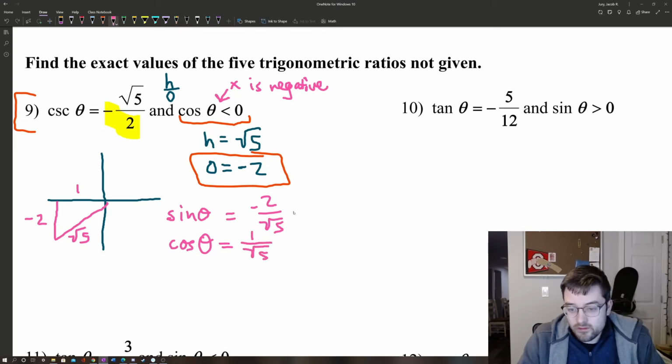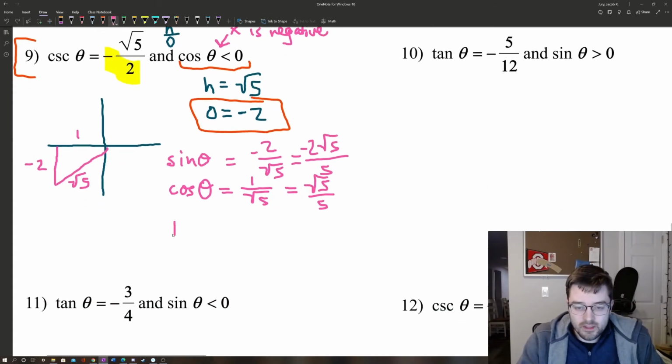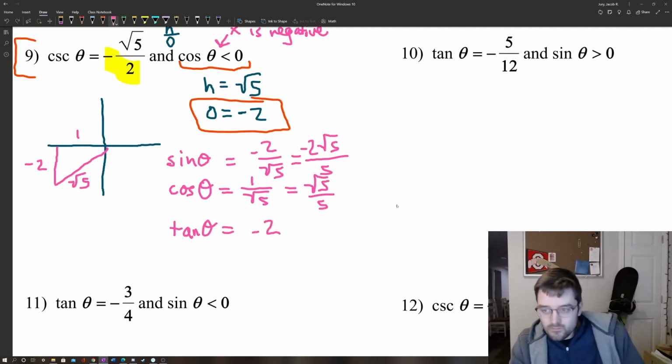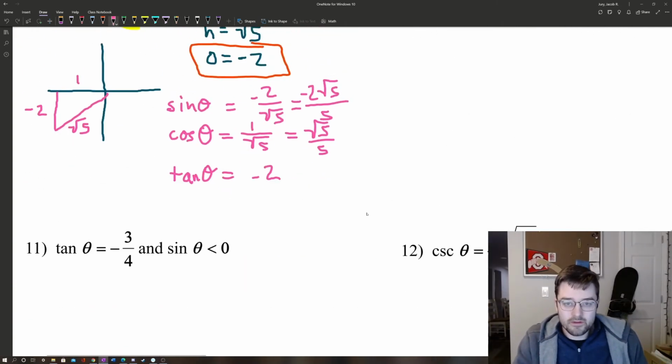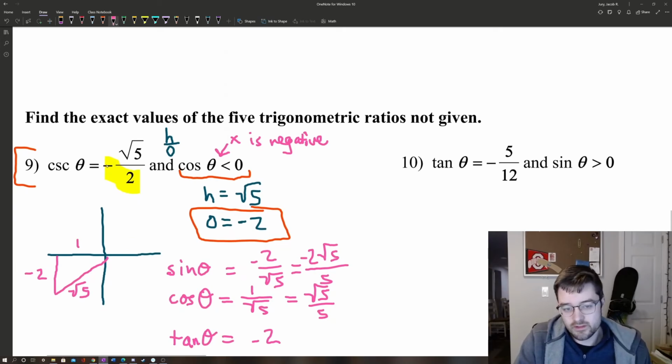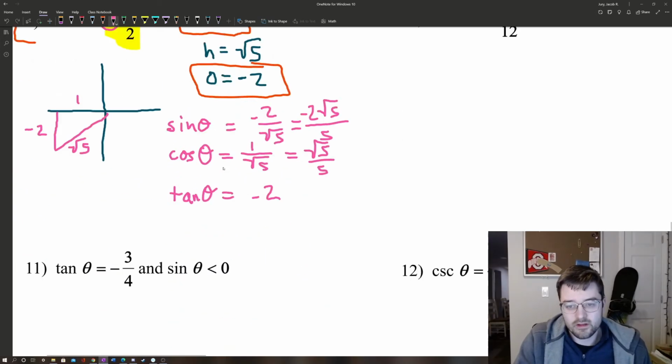And in case you're wondering, yes, it is proper for you to simplify these and to rationalize these, I should say. And then I'll get tangent here real quick. So tangent of theta is going to be my opposite over adjacent, so -2. All right. Perhaps the toughest ones because the conditions involved a sneaky negative sign on this one that you need to watch out for.